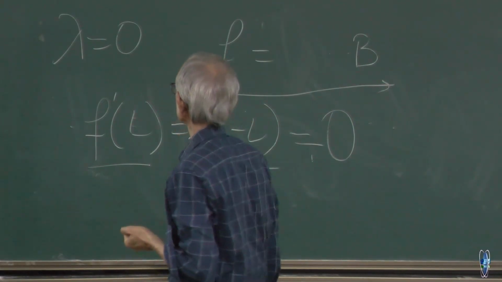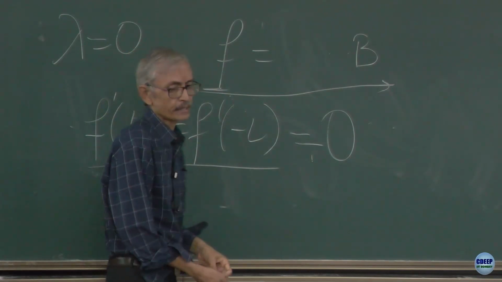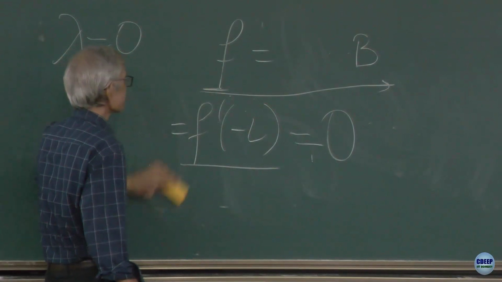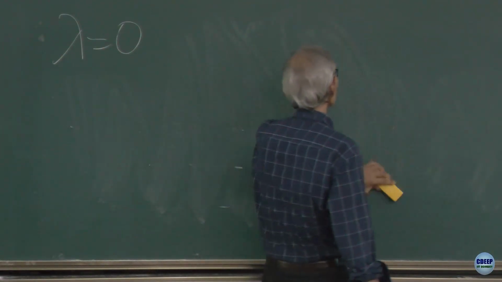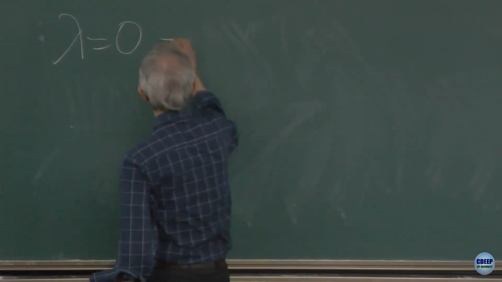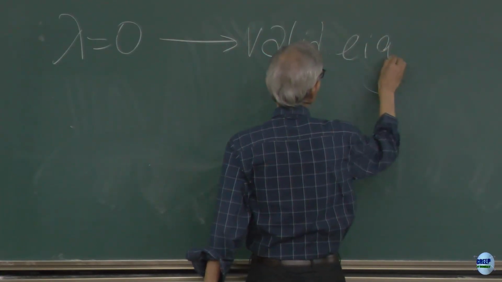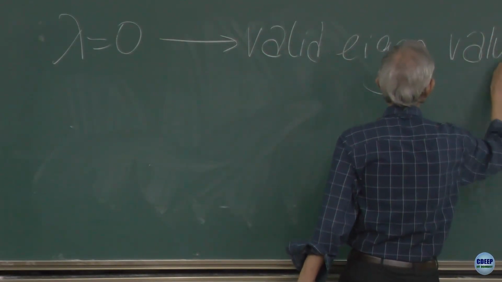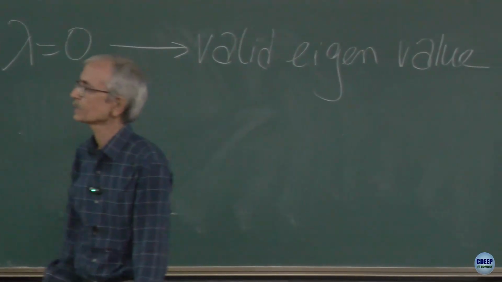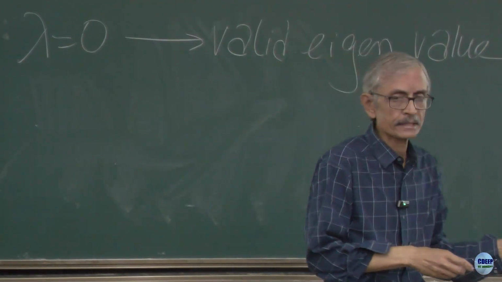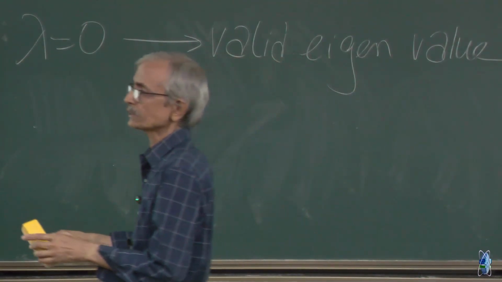So lambda equal to 0 is a valid eigenvalue, and the eigenfunction is f equal to b, which is a constant. So lambda equal to 0, in all the situations we had seen so far, was giving us a trivial solution. Now it no longer does, and we'll have to handle that. That's about all that it means.